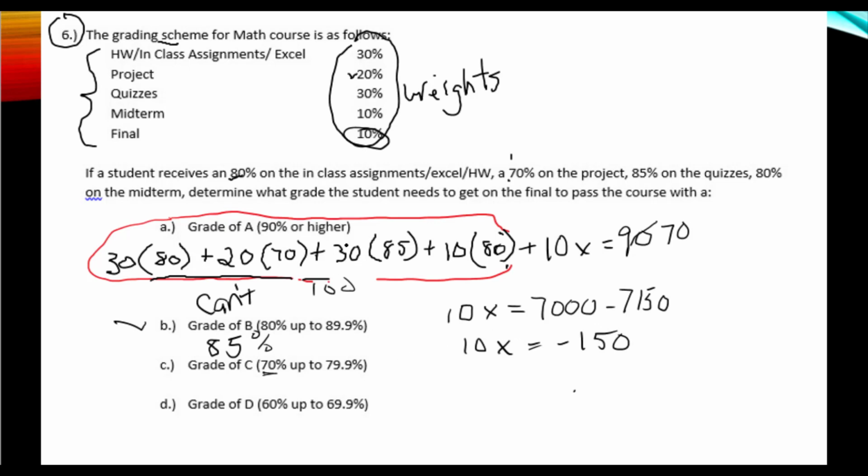All these multiplied together equals 7150. And then we're adding 10% of our final exam. And you want to get a final grade of a 70. Now think about this. What if you got a 0 on a final exam?